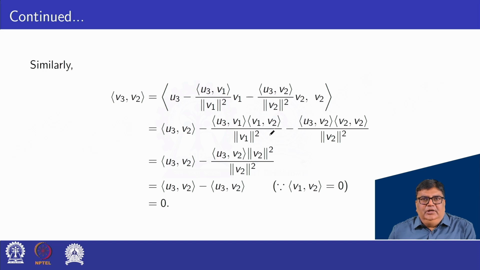Okay, again V1 is orthogonal to V2, that is this portion is 0, and inner product of V2 V2 is equal to norm of V2 square upon norm of V2 square. Okay, so this is cancelled out. So we have inner product of U3 V2 minus inner product of U3 V2, that is 0.